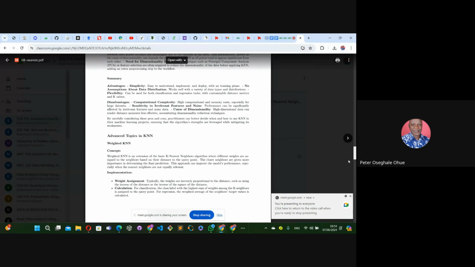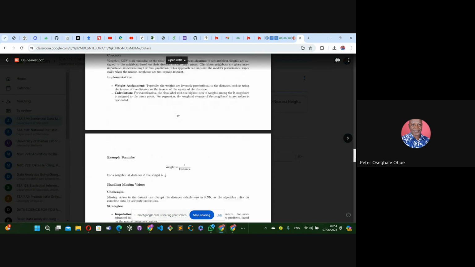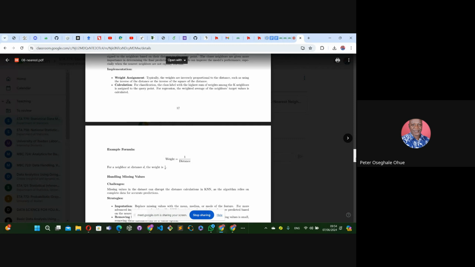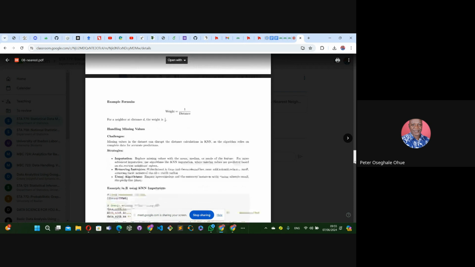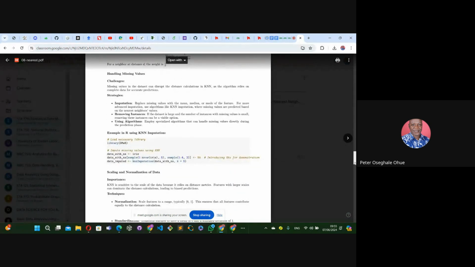Okay, so let me just take us a step back and then run through for about 10 minutes, and then we round up the class. Prof introduced us to some advanced topics, one of which is weighted KNN. We expect that could be an area where you can do your thesis. There is handling missing values, and he has given us this example code, which I see as something very useful.